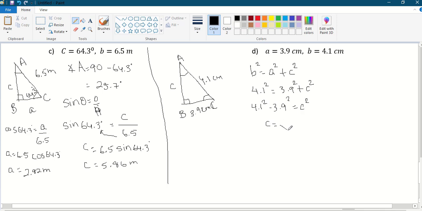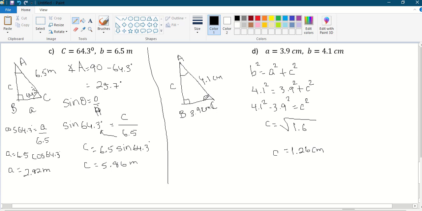So C will be the square root of the number we get, which is 1.6 under the root. Taking the square root, we get C roughly 1.2649, so 1.26 centimeters.